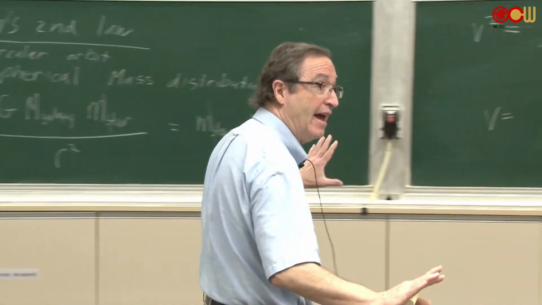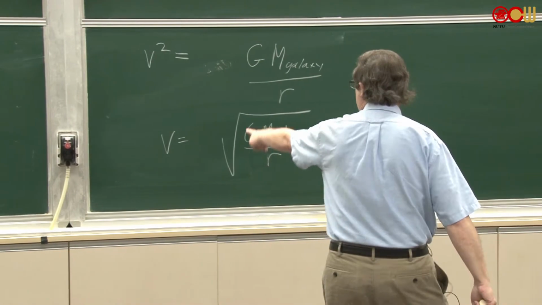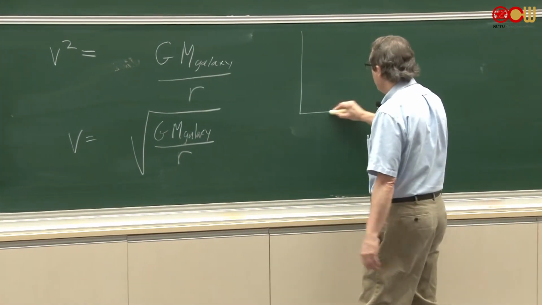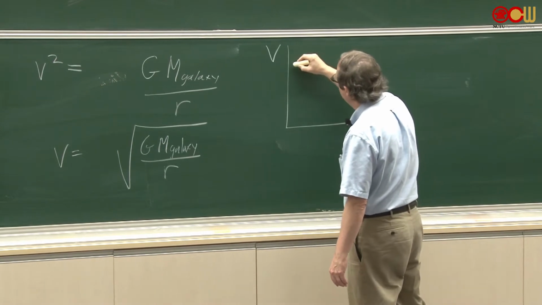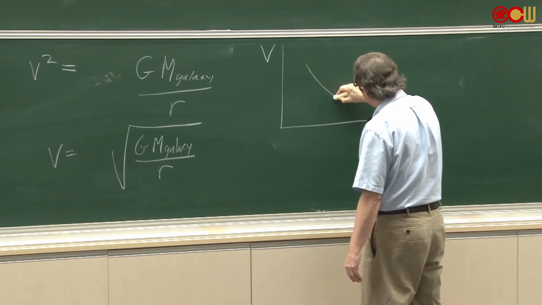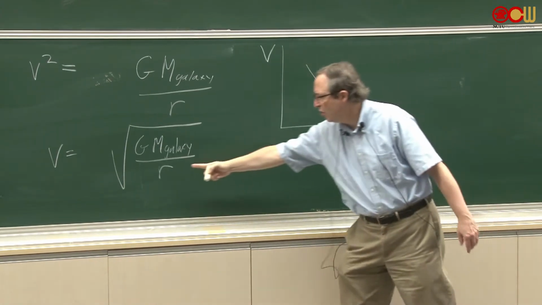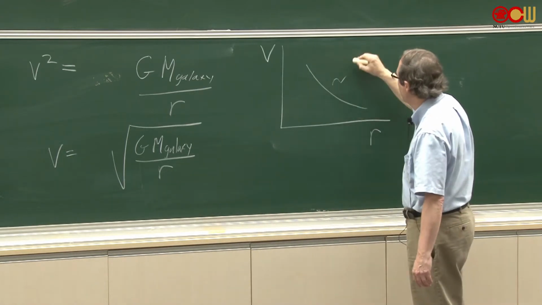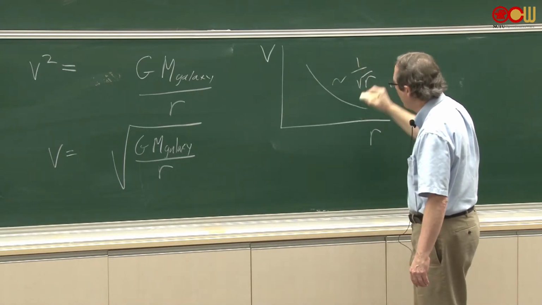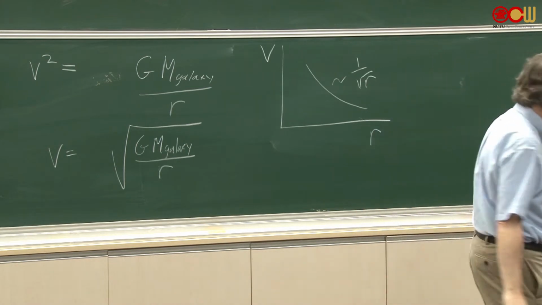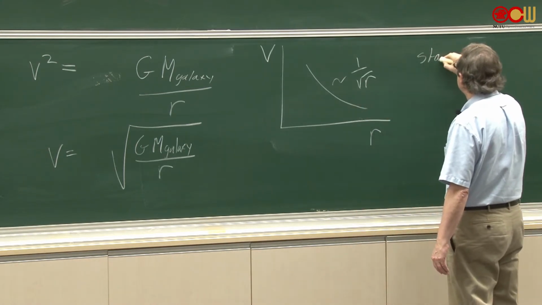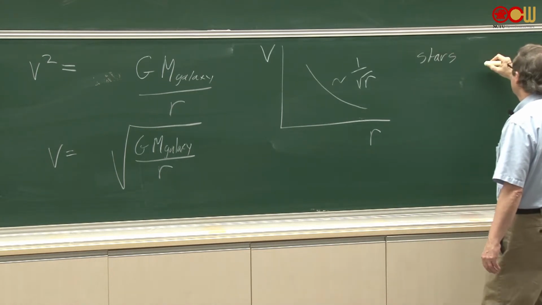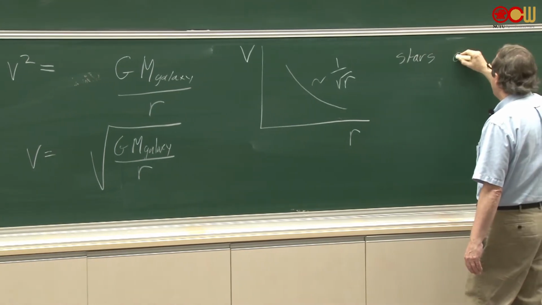So if we look at them and we plotted v versus r, we should get a curve that kind of looks like this. Falls off as 1 over the square root of r. So this plot is for stars, let's say, outside most of the galaxy.